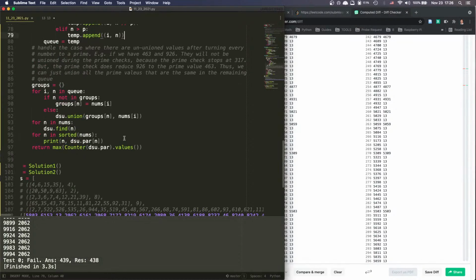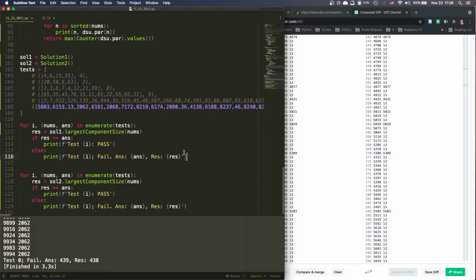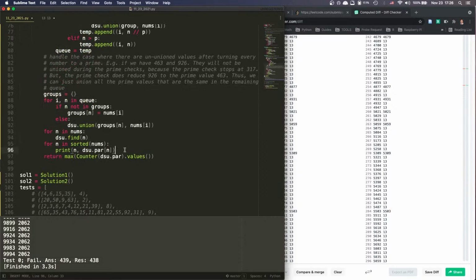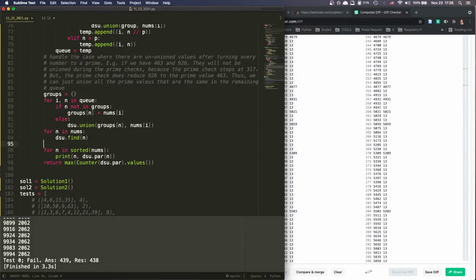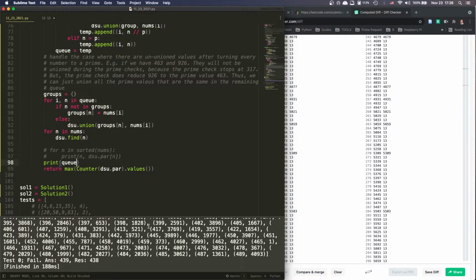Okay, so I just want to also print out. So we're gonna not do this one. Let's do the second one. What do I want to print out? I just want to print out Q, right? Print Q. Oh, jeez.